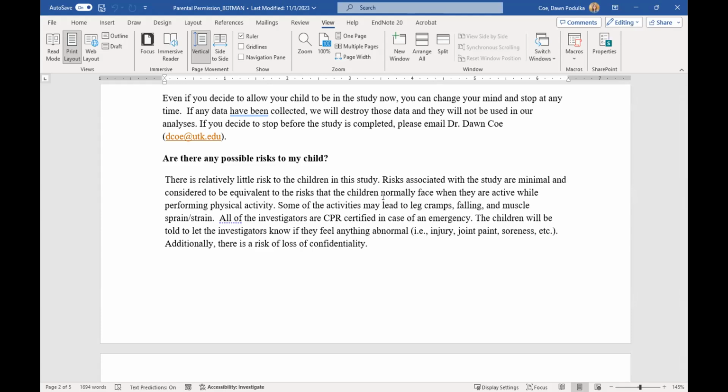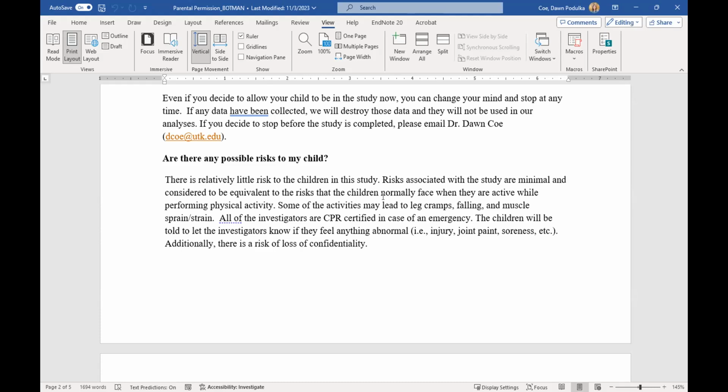I did have one adverse event occur during a VO2 test where the kid was doing the beep test, or the pacer test, and threw up during the test. He had not been feeling well all day and neglected to tell us. If you do have an adverse event occur, you need to report that to the ethics board, and then you need to come up with a plan to help reduce that risk.